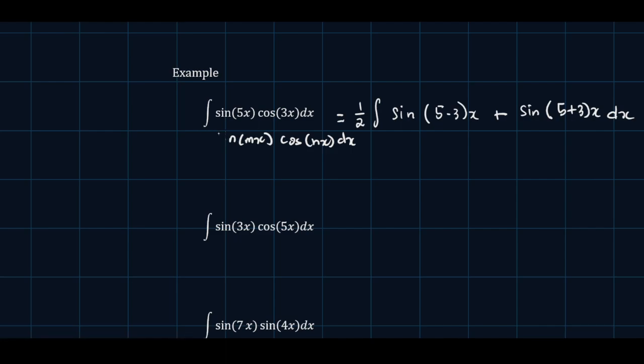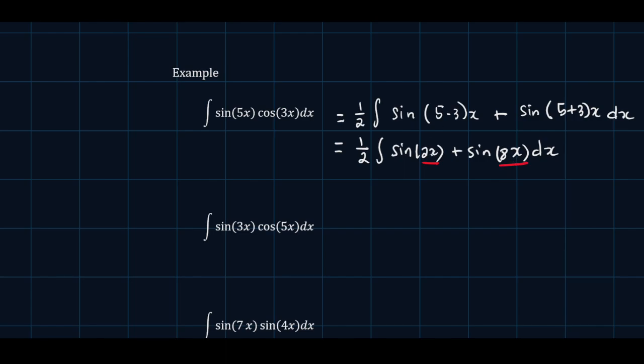Okay, let me just erase this to make it cleaner. So we have half of the integral of sine 2x plus sine 8x dx. From here, all we have to do is apply the necessary substitution para makuha natin yung antiderivative nito.